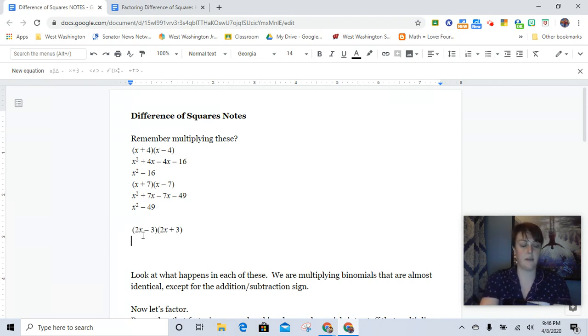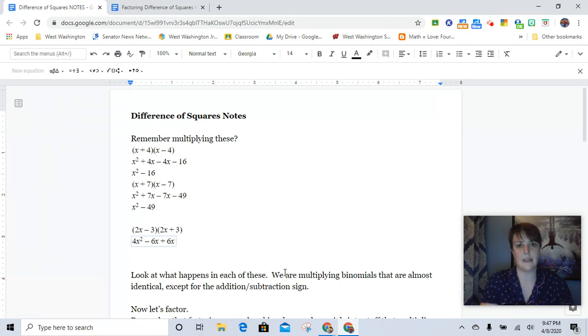Okay. This one has a coefficient on the variable term, and so that's a little bit weird. But 2x times 2x is 4x squared, and then minus 6x plus 6x, and that 6 is coming, remember, from 2x times 3 and negative 3 times 2x.